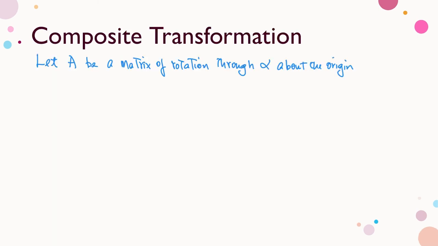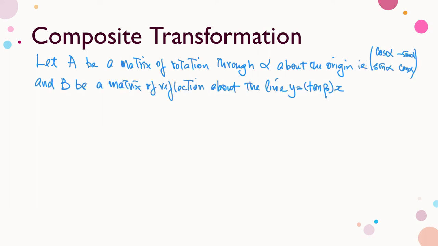Let A be the matrix of rotation through alpha about the origin, and B be the matrix of reflection in the line y = tan(beta) x. Then the product matrix BA represents the rotation followed by reflection.